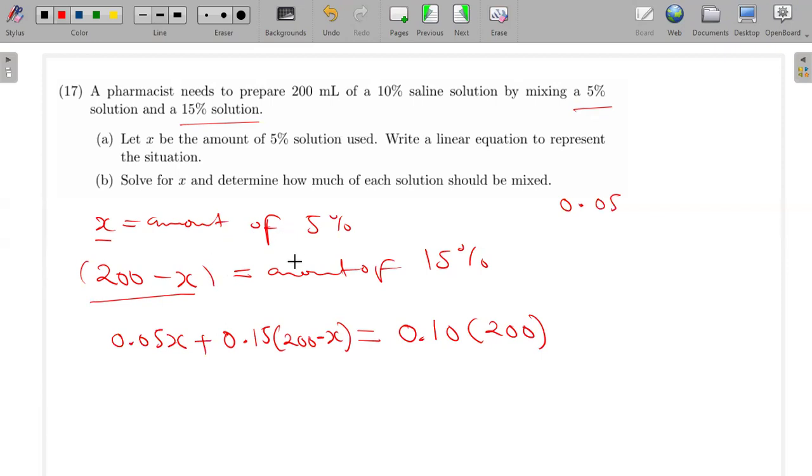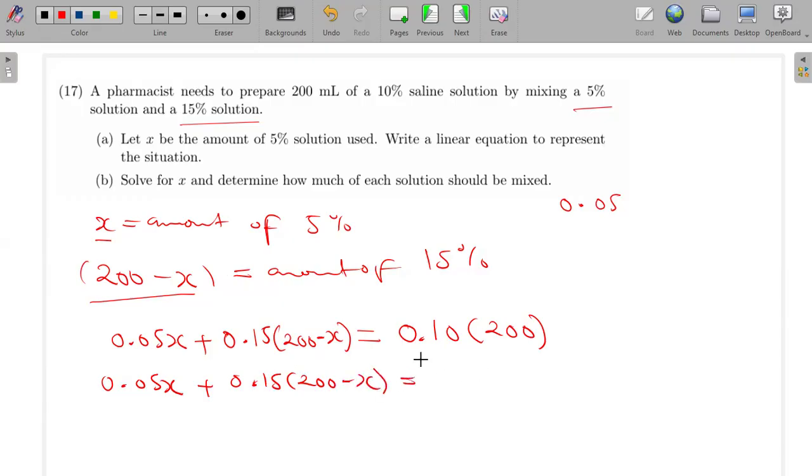Then if I expand this out, I write 0.05x here, then distribute: 0.15 times (200 minus x).